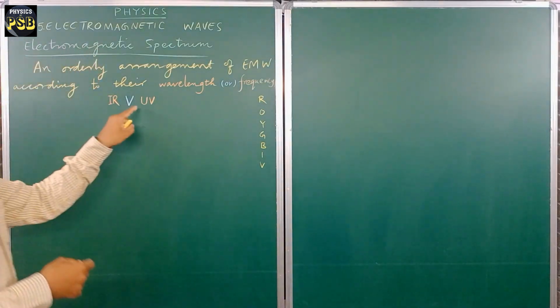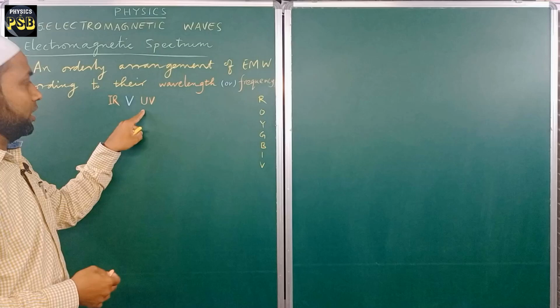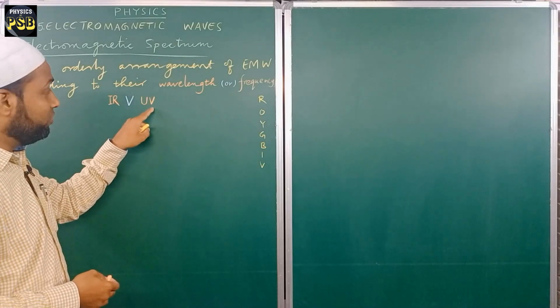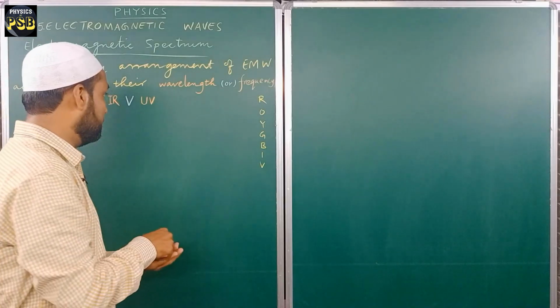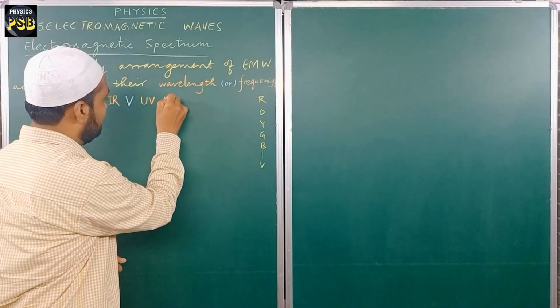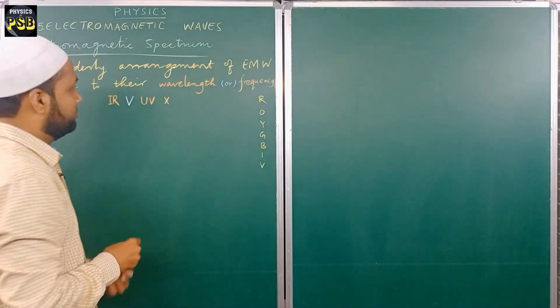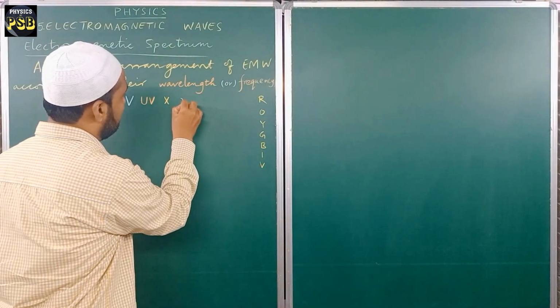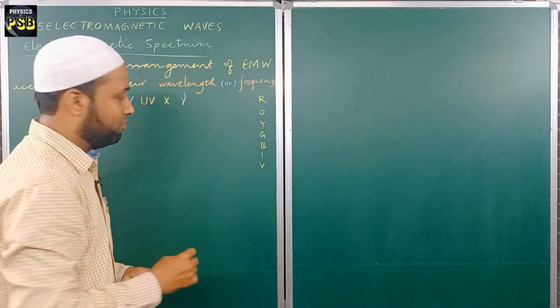Then, in the English alphabet, the letter which comes after V is X. Remember it in this way. Write X, which stands for X-ray. And the last one is gamma.